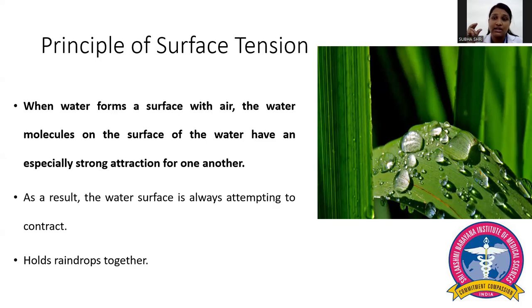Okay, so how are the raindrops formed? Actually, a water drop is formed whenever water molecules and air come in contact with one another. Whenever water comes in contact with air, the water molecules will try to come together because of the presence of a tension called surface tension.